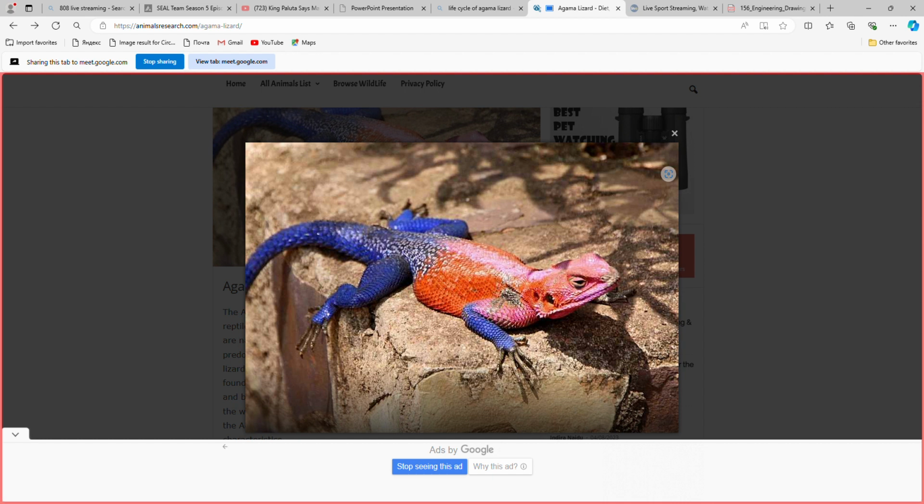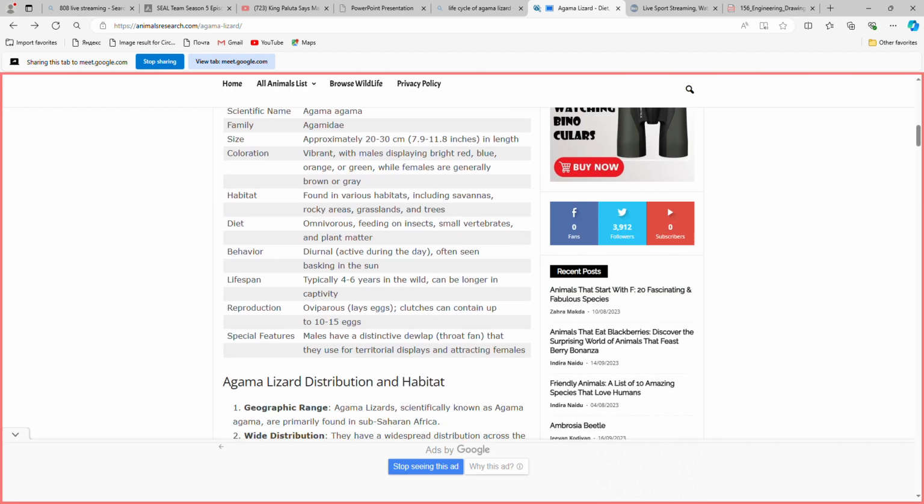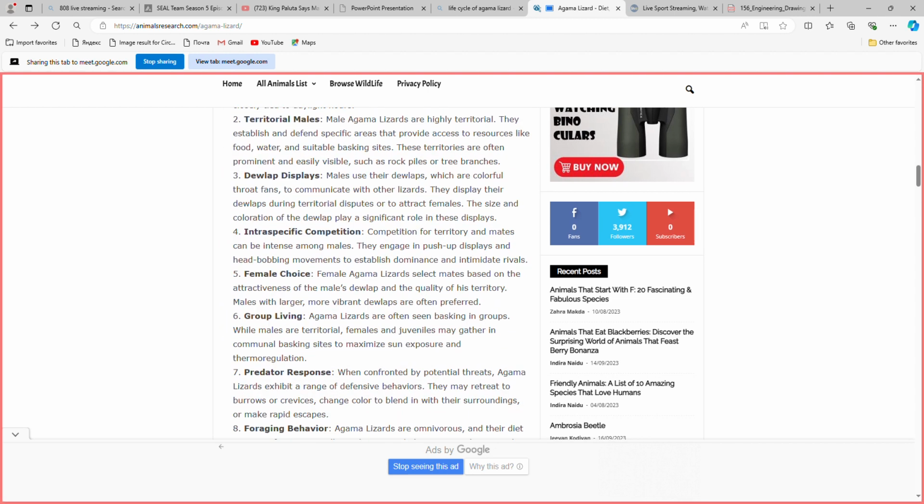You understand? So this is the side that I am talking about, and they use that one to communicate to the female or to attract them. Now, the size and coloration of the dewlap may play a significant role in this display. So the dewlap that they use, they use that one to communicate or to attract females to them.